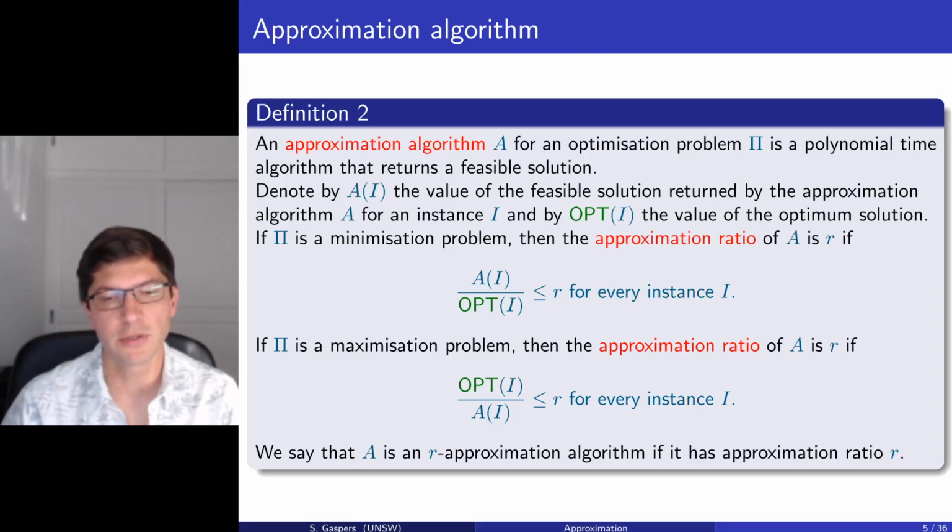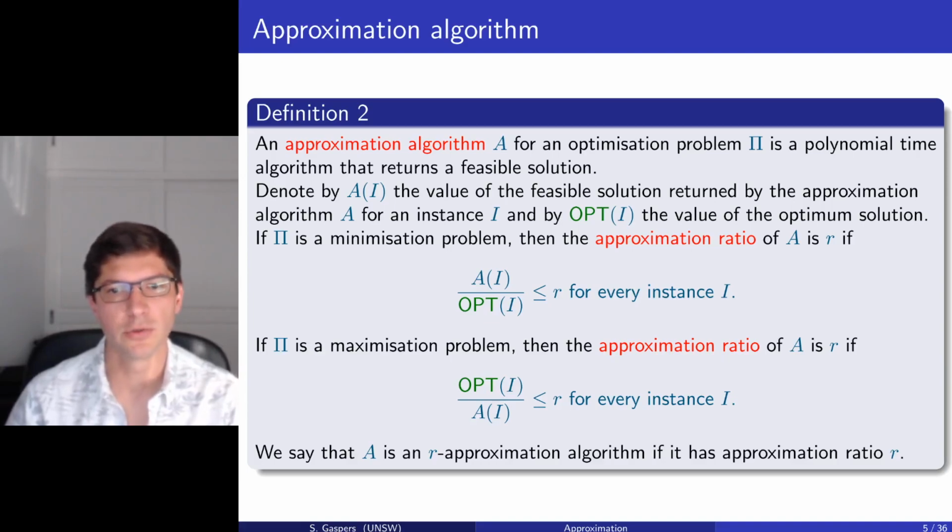So that's for minimization problems. For maximization problems, the approximation ratio of the algorithm is R if opt of I divided by A of I is at most R for every instance I. And this difference in definitions for minimization and maximization problems is just so that approximation ratios are always at least 1.